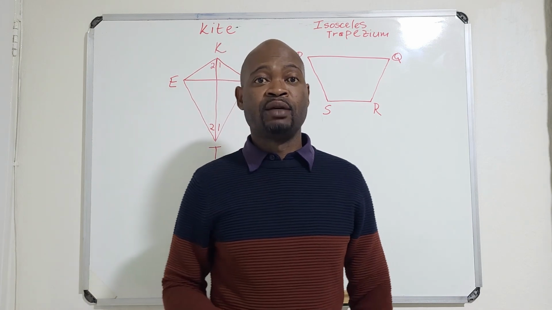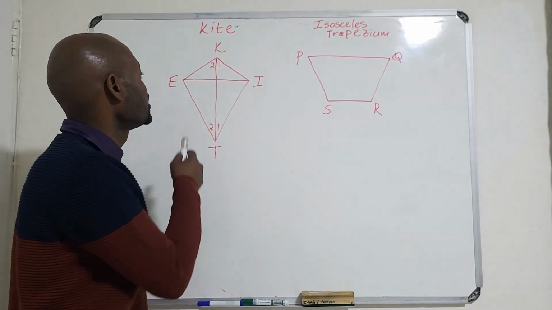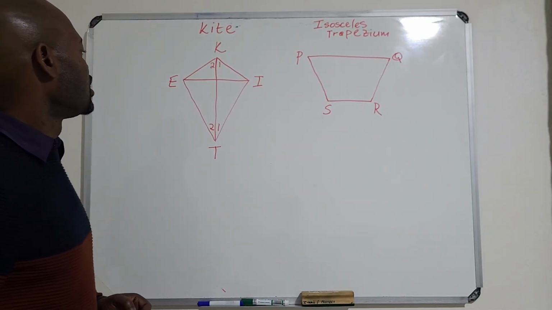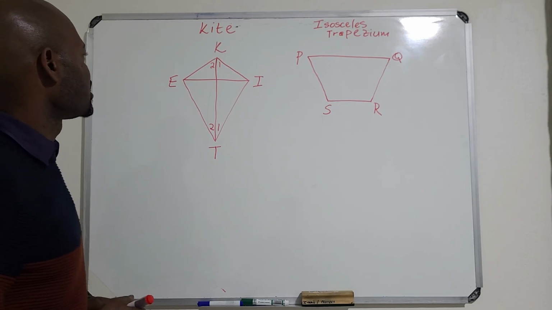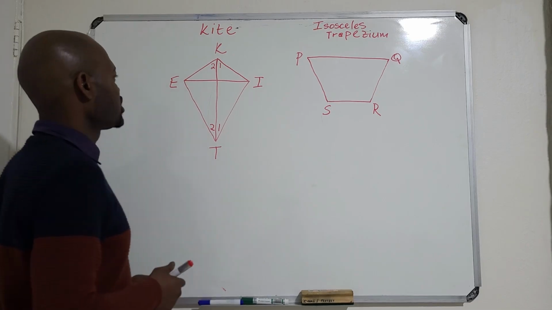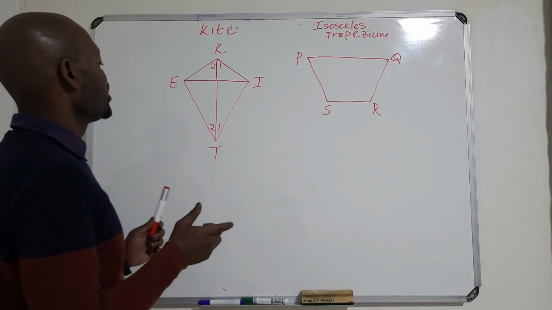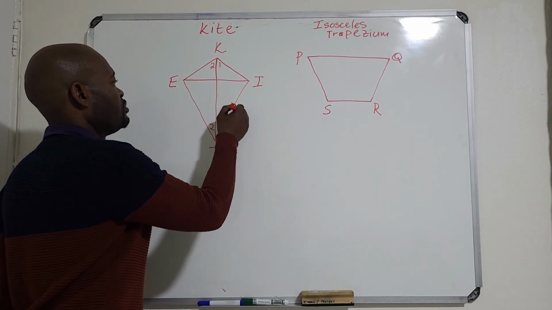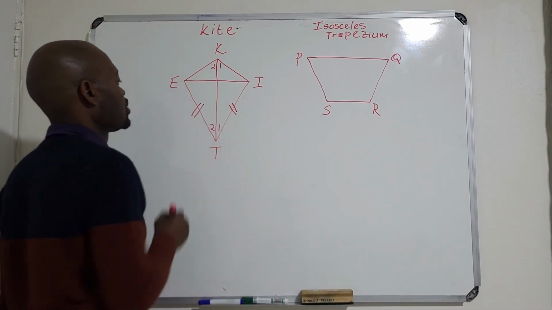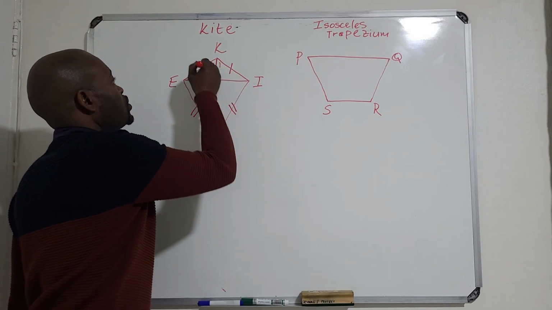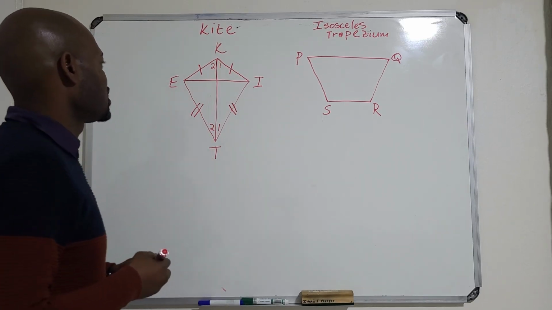Let's look at the properties of a kite. A kite is a quadrilateral with adjacent sides equal. By adjacent, we mean sides next to each other. Therefore, this side is equal to this side. Adjacent sides are equal. Also, this side is equal to that side.